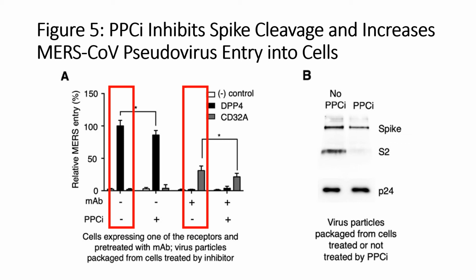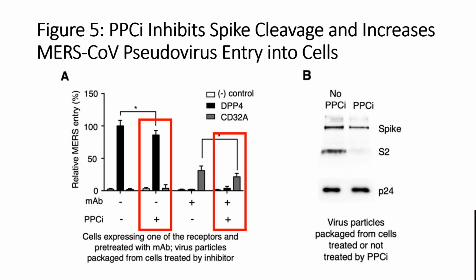But for 5a, this first part that I have boxed is to show that without the monoclonal antibody, the MERS-CoV pseudovirus entered the DPP4 expressing cells more efficiently for the viruses with PPCI than those without PPCI. It also showed then for cells with the antibody that the MERS-CoV pseudovirus entered CD32A expressing cells packaged in the presence of PPCI more efficiently than those without it.